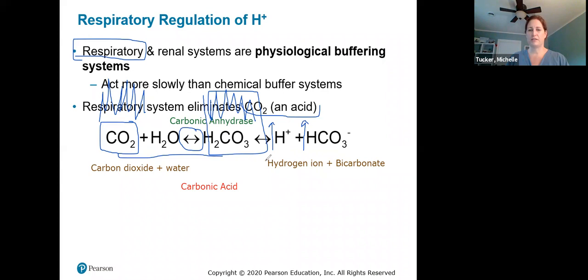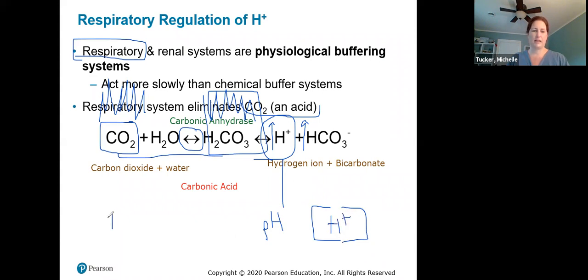For this reaction, hydrogen ion is a free ion. So we may work with this ion later, okay? But for now, we're talking about what happens when we build up CO2. And remember, only hydrogen affects pH. pH, by definition, is going to be inversely related to the concentration of free hydrogen ions.